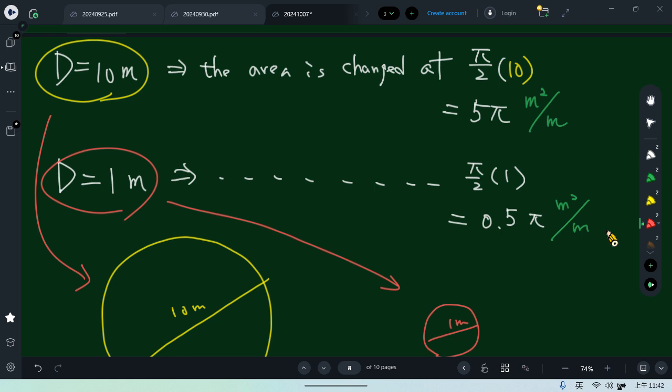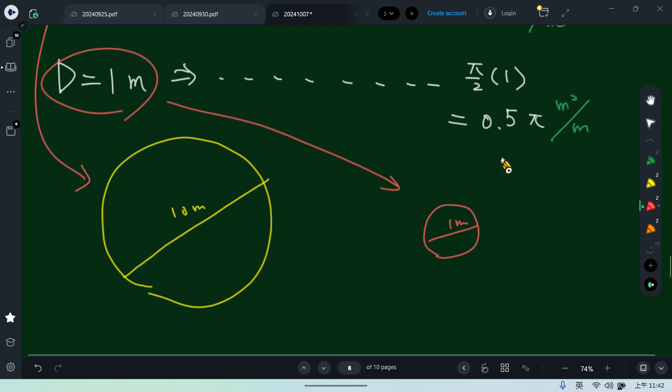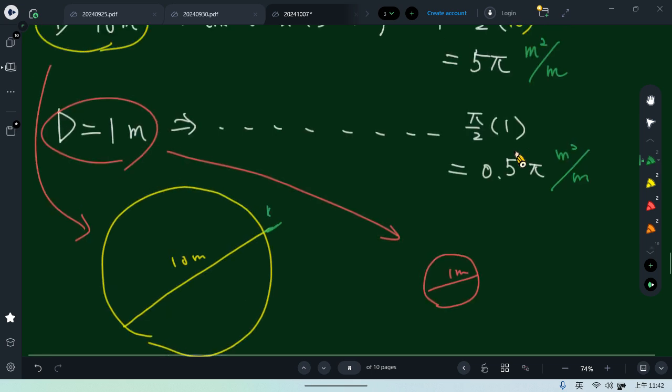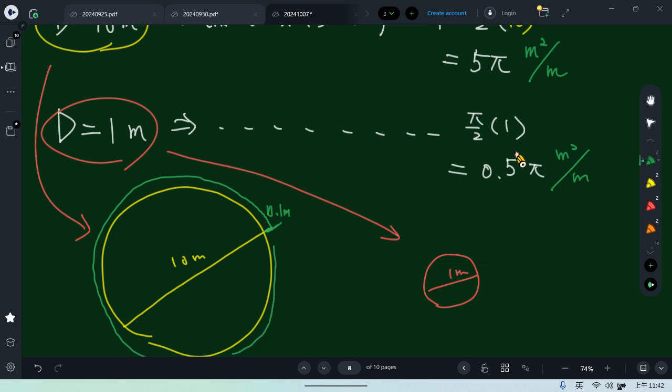So you can see here, if we just add an additional 1 meter, okay, maybe 1 meter is too much, but for example, an additional 0.1 meter, you will cause the area change like this one, right?